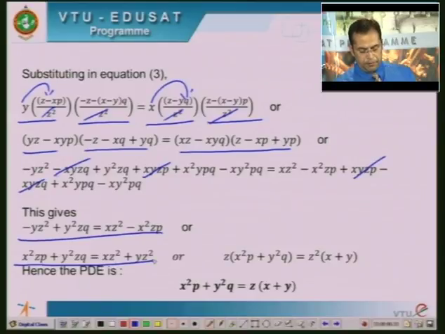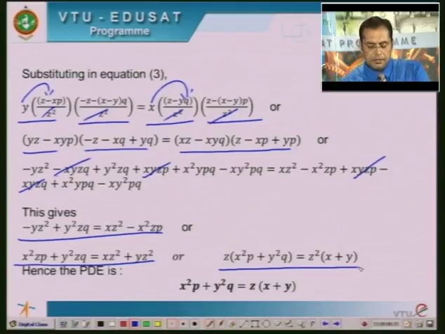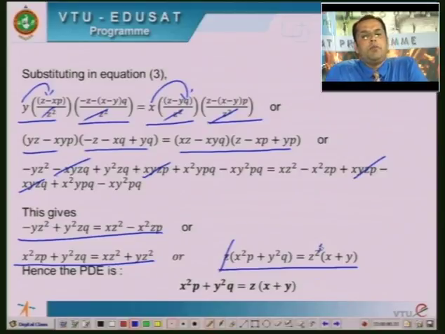Or finally, z into (x square p plus y square q) equal to z square into (x plus y). Again cancelling z on both sides, so you get x square p plus y square q equal to x plus y, which is the required PDE.